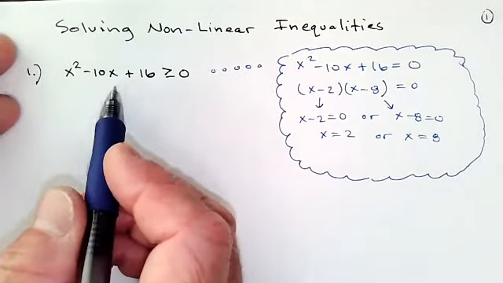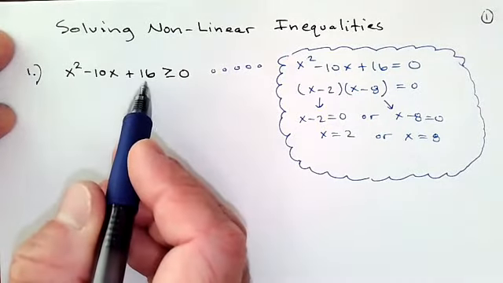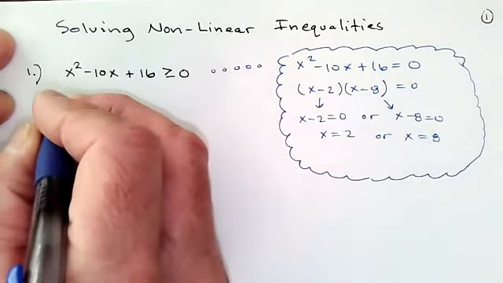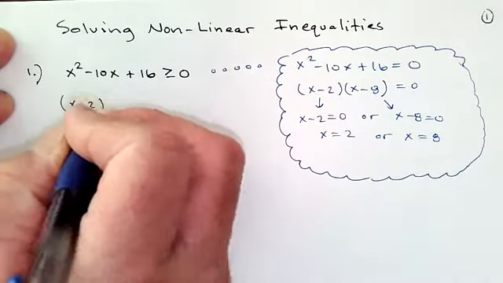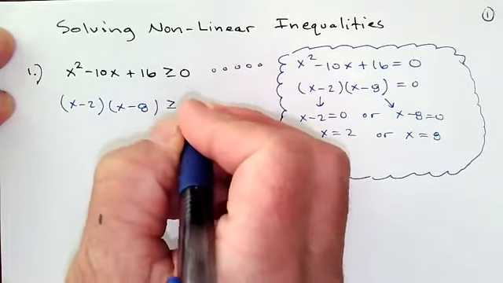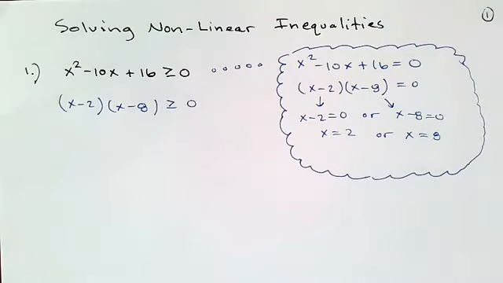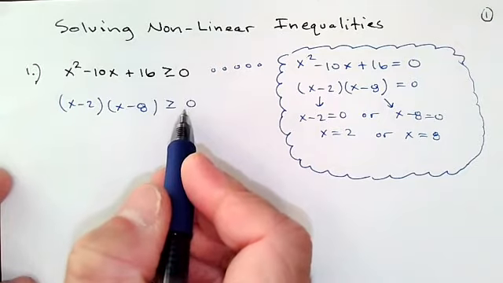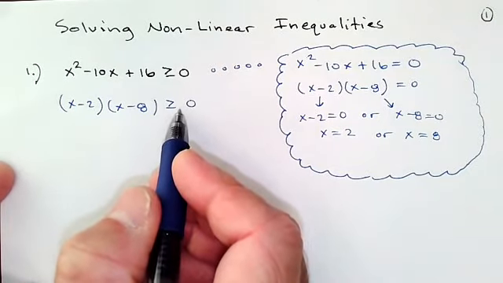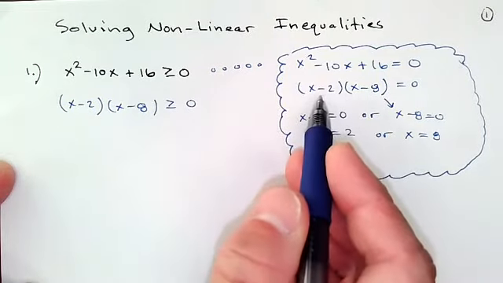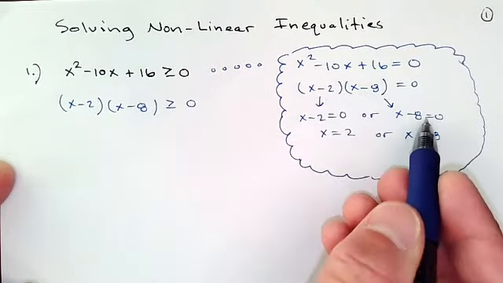So now back to this inequality, it would seem to make sense I should solve this the same way. I should start by factoring: x minus 2 times x minus 8 greater than or equal to 0. But here's where a lot of people get the wrong answer, because they treat it like an equation. It would seem plausible, since how we got the two answers here was by setting each individual factor equal to 0.